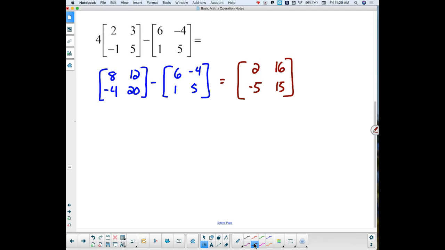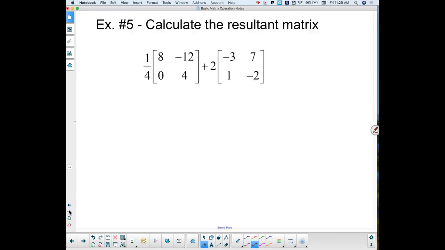Okay? I'd like you to do now is calculate that resultant matrix. So if I distribute in the 1/4 first, I get 2, and then I get negative 3, I get 0, and I get 1 for my first matrix. 2 by 2 matrix of 2, negative 3, 0, 1.